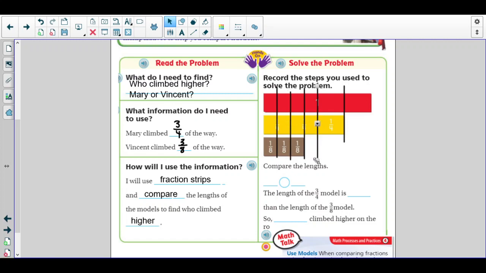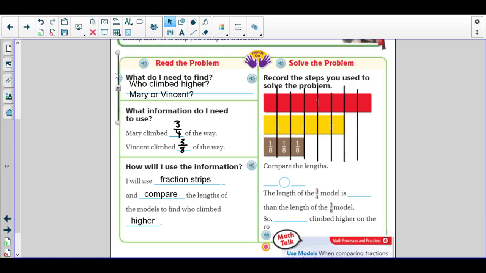All right, we'll bring that one down. I'll bring that one down right there. And let's see what we can do here about showing. All right, that would be an eighth. That would be an 8. So 1, 2, 3, 4, 5, 6, 7, 8.